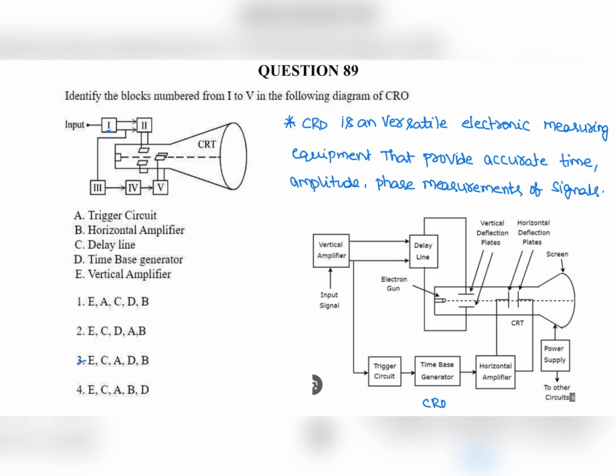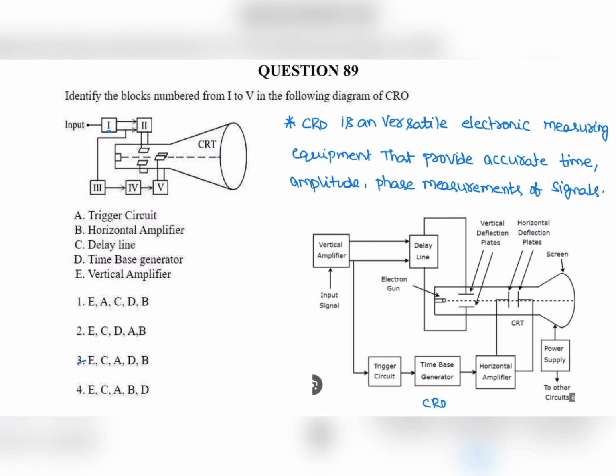Then the CRT, which has horizontal deflection plates and vertical deflection plates. The delay line is connected to the vertical deflection plates, and the horizontal amplifier is connected to the horizontal deflection plates. This horizontal amplifier is driven by the time base generator. The timing signals to the time base generator are given from the trigger circuit.